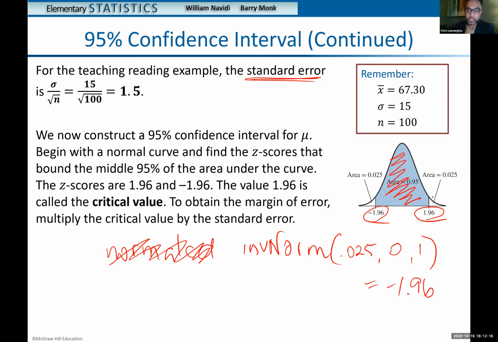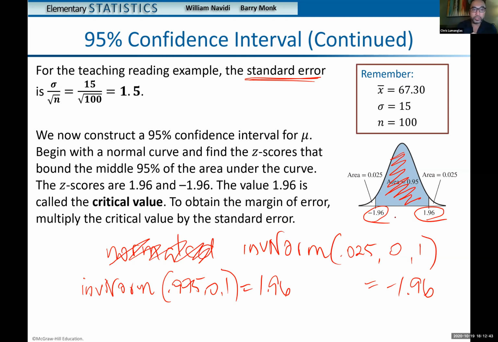And if you try 95 plus 2.5 is 97.5%, you'll be able to get 1.96. Okay, so now you know how to get the critical value. These values, that's what you call the critical value.